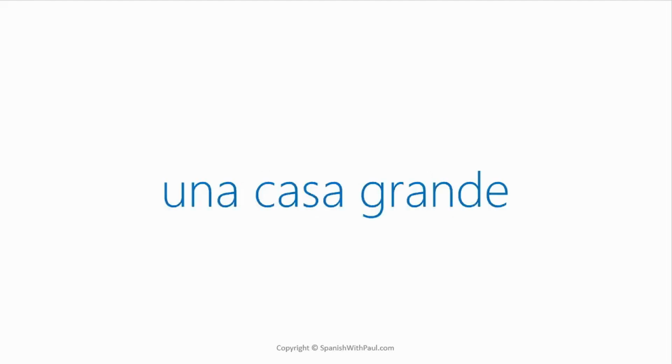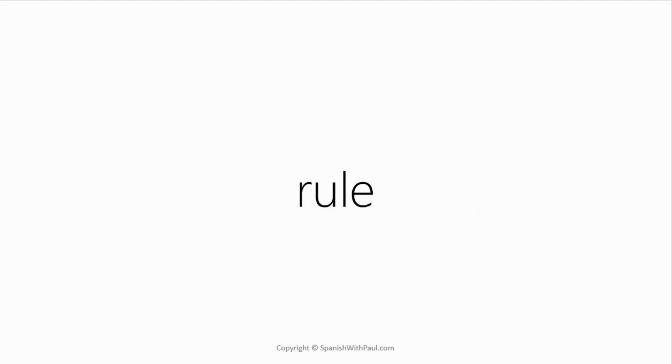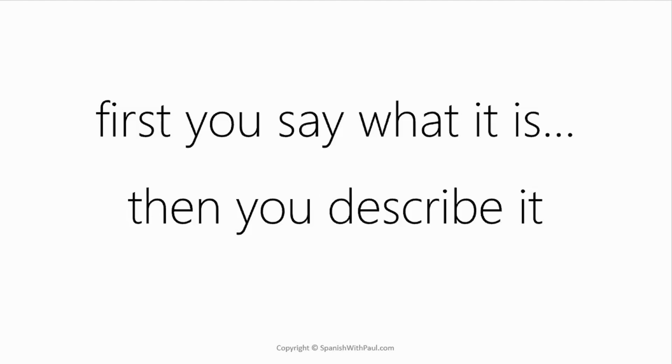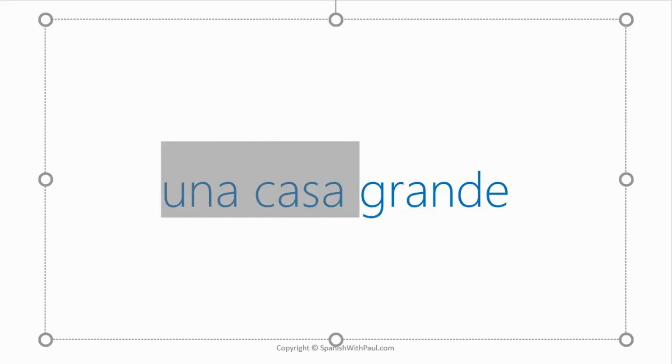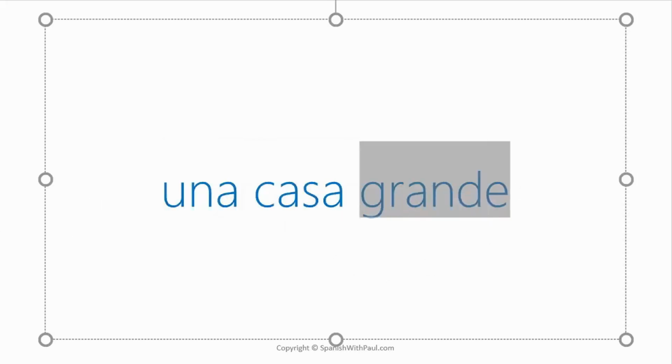Una casa grande. Now this brings us to an important general rule for Spanish. When you are describing things, first you say what it is, and then you describe it. So here in our example, first we said what it was, una casa, and then we described it, grande.